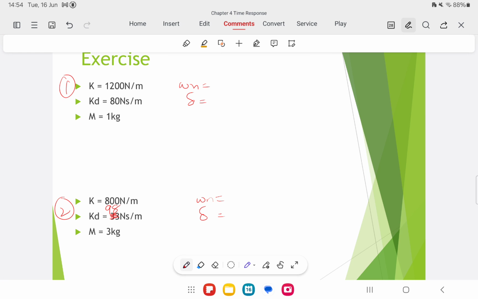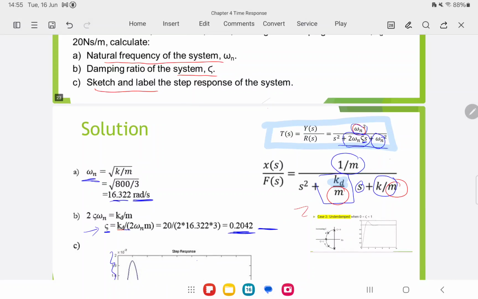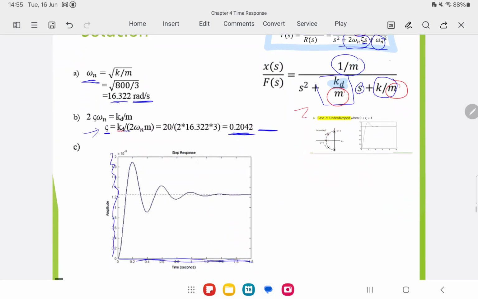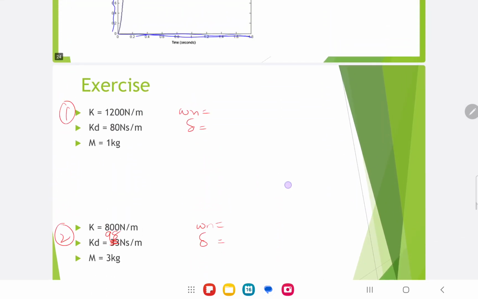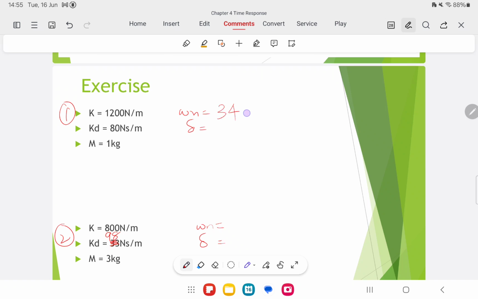Yang ni memang you kena hafal lah. Dia senang tapi dia macam kena hafal. This one kita tak akan beri. Okay, so you need to memorize lah that one. 34 point berapa? 34 point 64 radian per second. Jangan lupa tulis the unit.